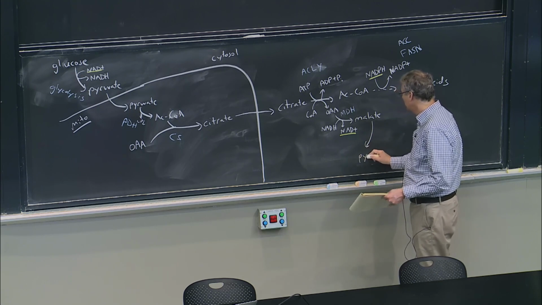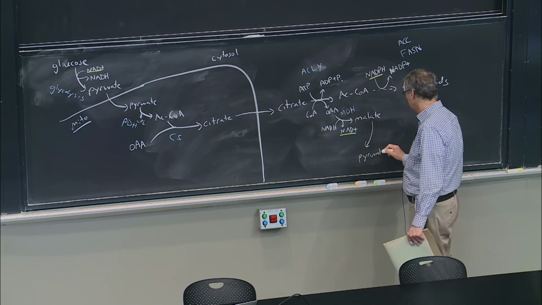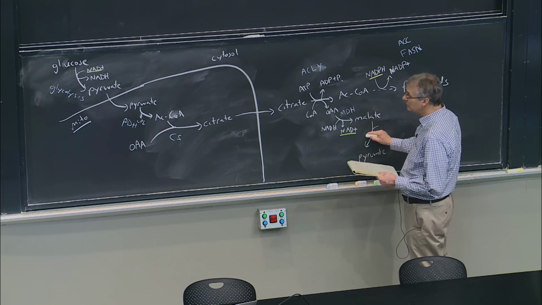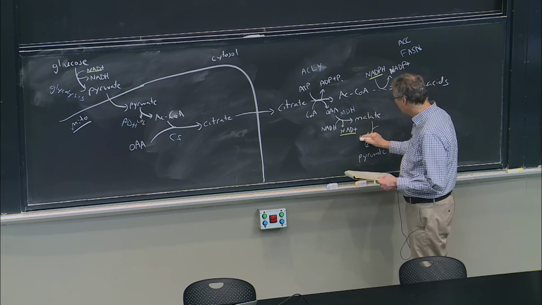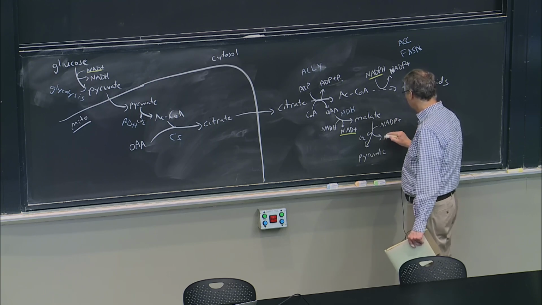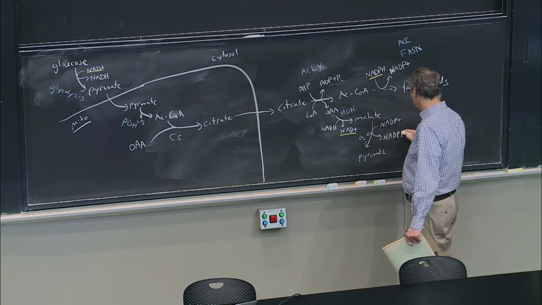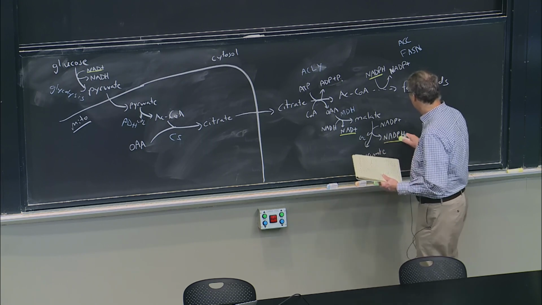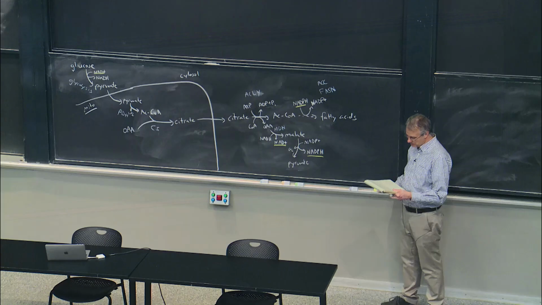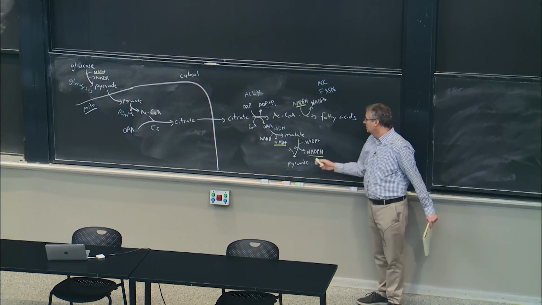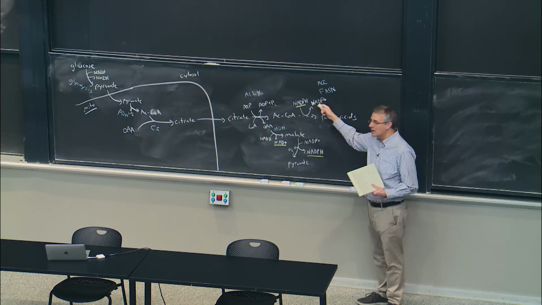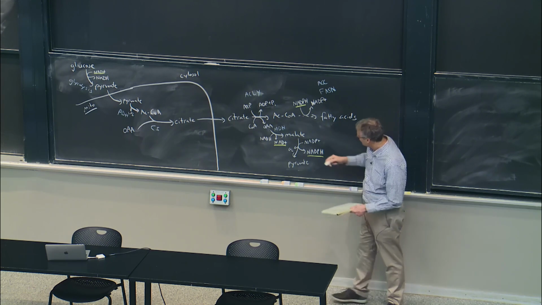I can use malic enzyme to turn malate into pyruvate. That's going to serve as a source of NADPH in the cytosol to drive fatty acid synthase in the cytosol. Obviously, you need more than one NADPH to do this, but at least it generates NADPH as reducing power to make the fatty acids.